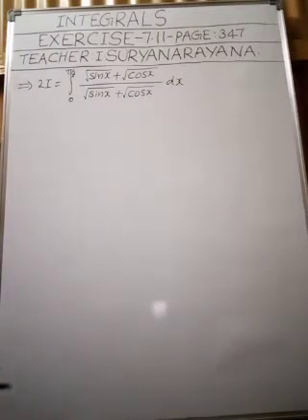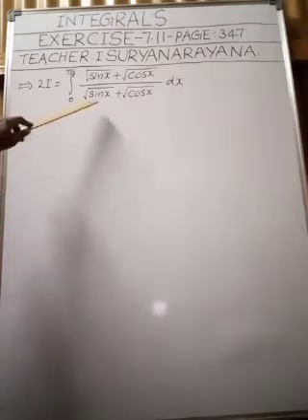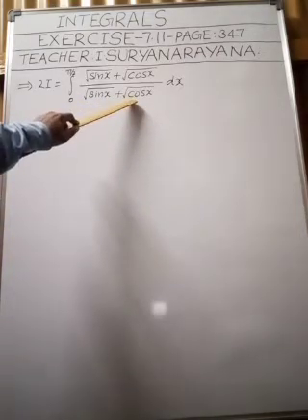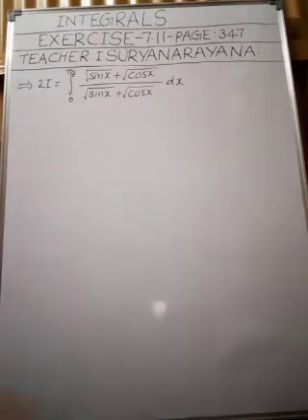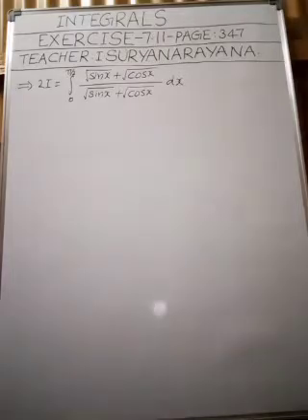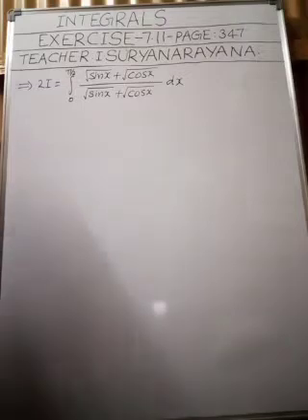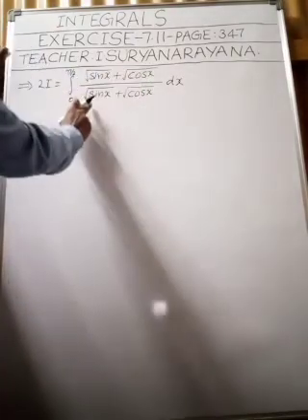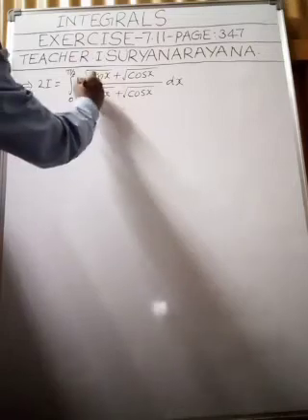So by taking the LCM of the denominators, we get root sin x plus root cos x is the LCM for the denominators of the two fractions. Then in the numerator we get root sin x plus root cos x. Okay, my children, understood this numerator part? If you observe this fraction, numerator root sin x plus root cos x, denominator also root sin x plus root cos x.